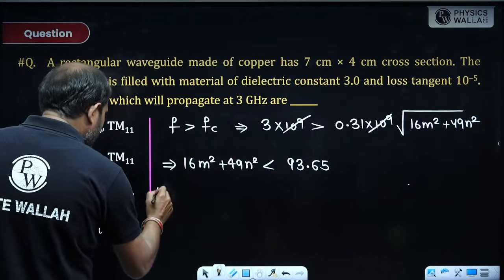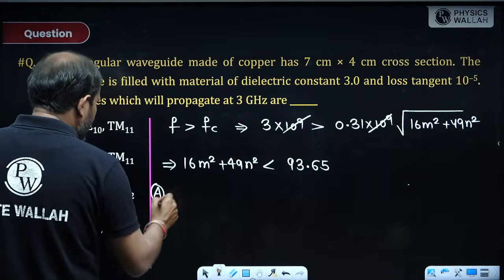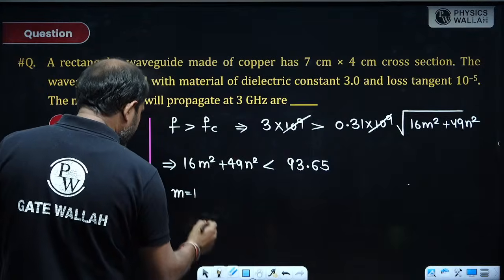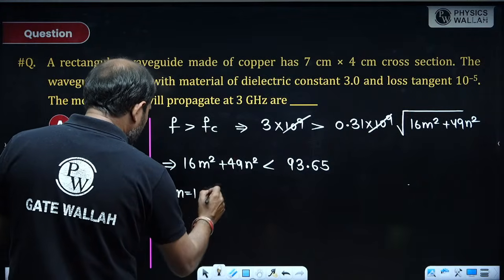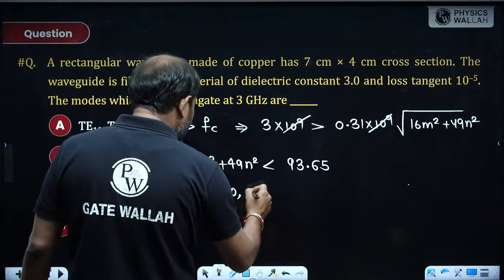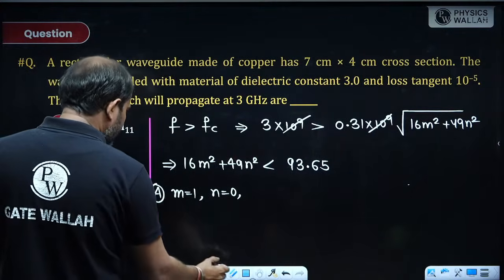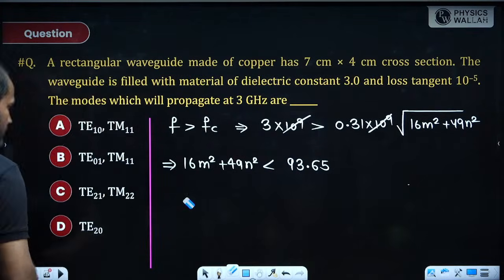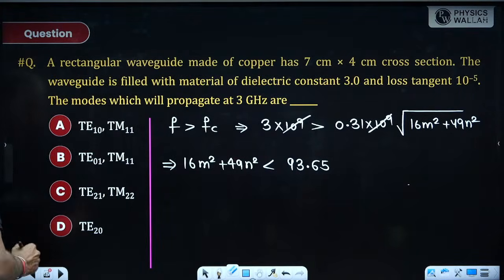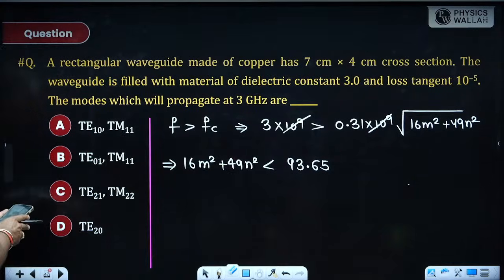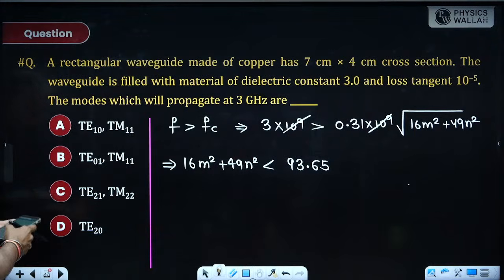So option A is m is equal to 1, n is equal to 0. Satisfy? Yes. Second, we have to calculate the value. m is equal to 1, n is equal to 1: 49 plus 16, it will be 65.